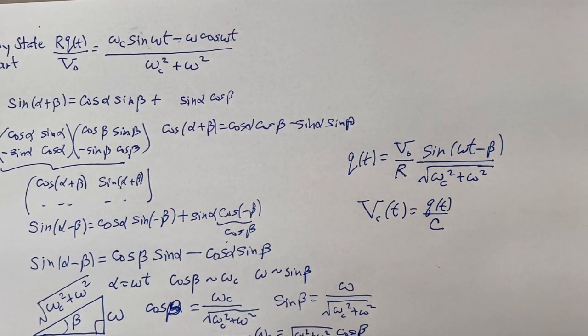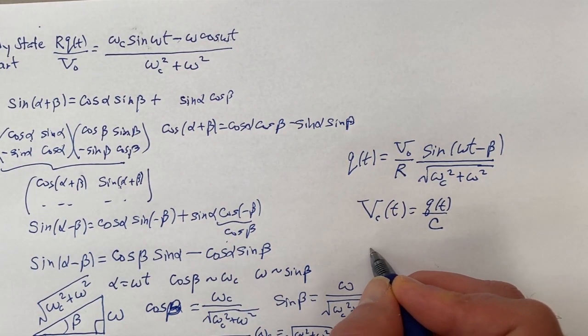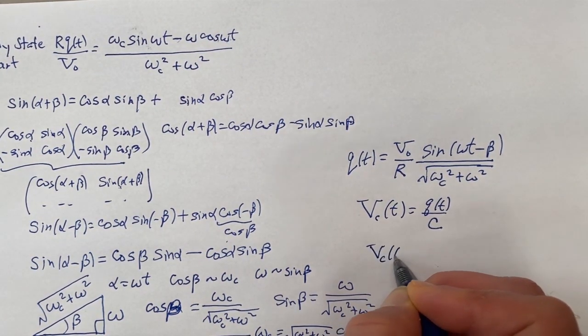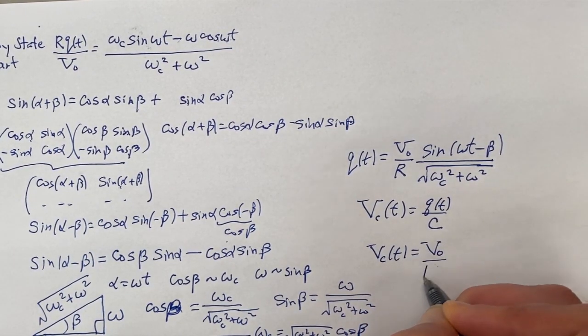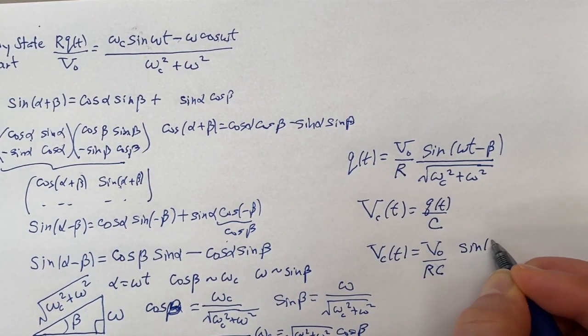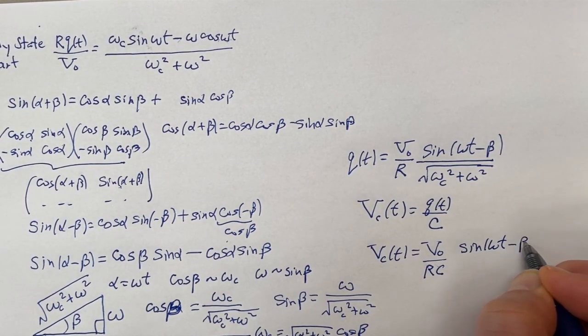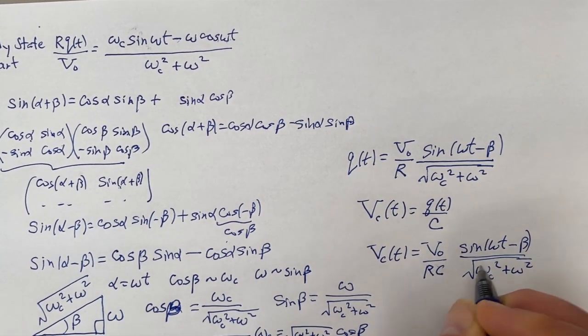So we can write down this final version. The voltage across the capacitor is V naught over RC times the sine of omega t minus beta over the square root of omega c squared plus omega squared.